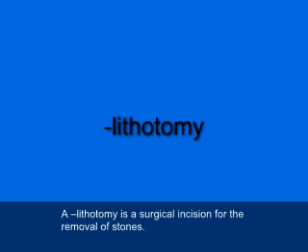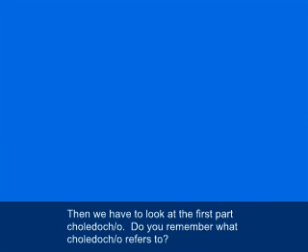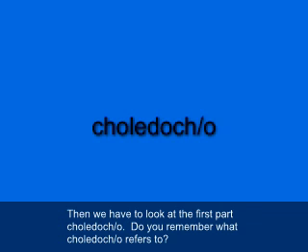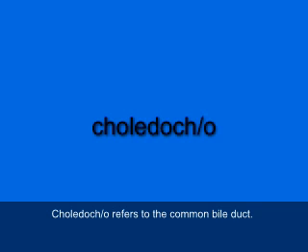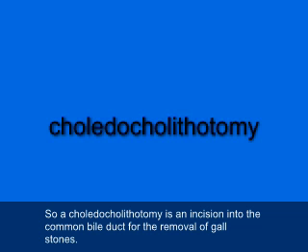Well, a lithotomy is a surgical incision for the removal of stones. Then we have to look at the first part, choledocho. Do you remember what choledocho refers to? Choledocho refers to the common bile duct. So a choledocholithotomy is an incision into the common bile duct for the removal of gallstones.